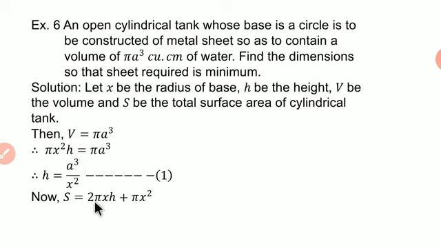Now s is equal to 2 pi x h plus pi x square, because the tank is open, so only the area of the base is here. Now it is equal to 2 pi x into a cube upon x square plus pi x square. We put the value of h from relation number 1 here. Here one x gets cancelled, and so we get S is equal to 2 pi a cube upon x plus pi x square.